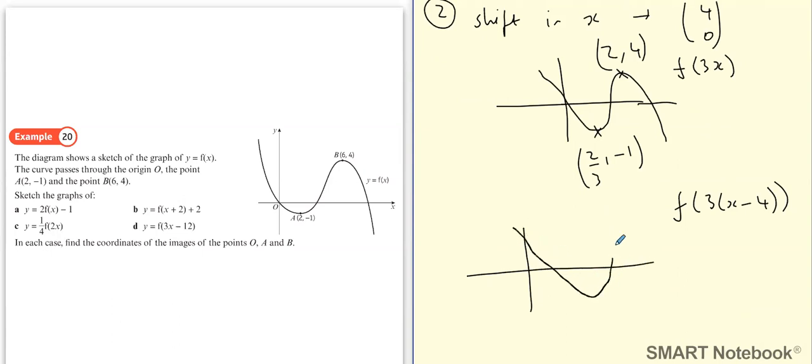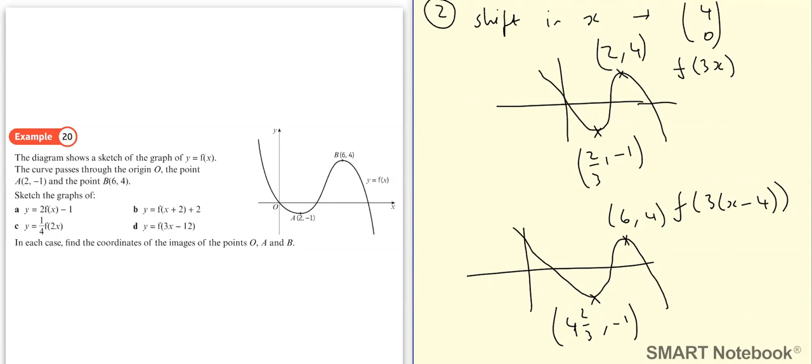So this point here is going to become 2 over 3, not 2 over 3, 4 and 2/3, and minus 1. And this is now going to become (6, 4).